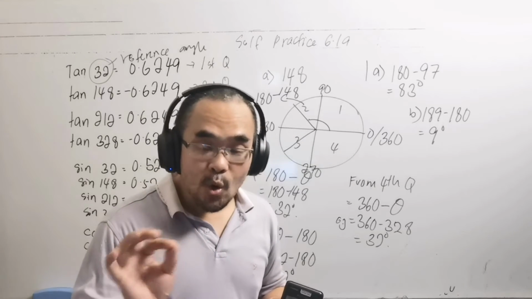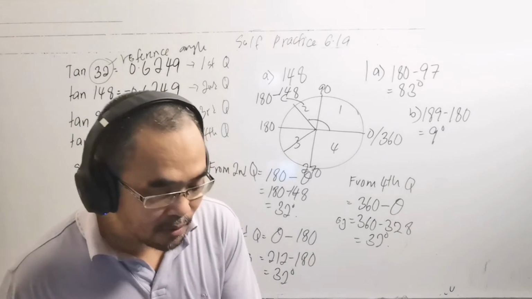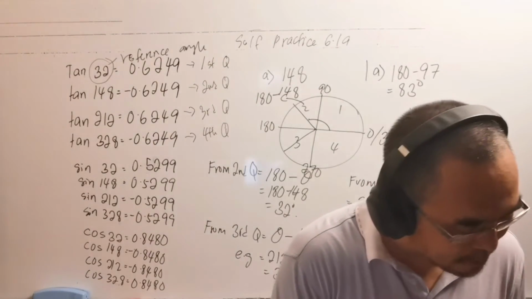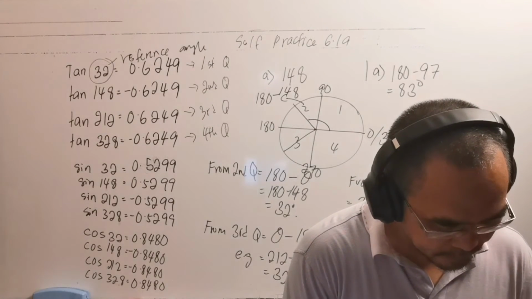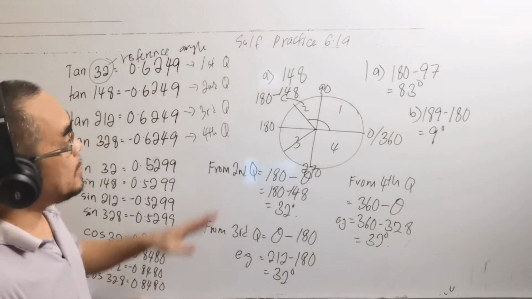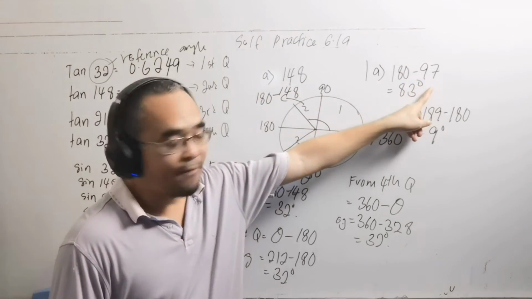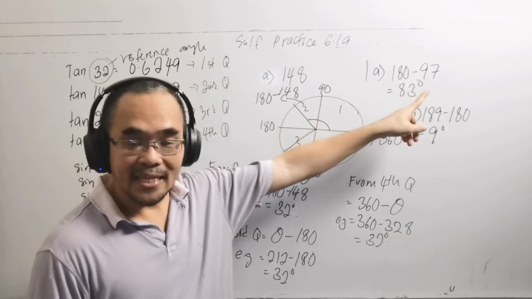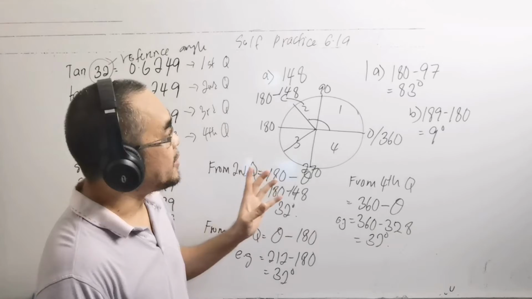Right now we are not concerned with whether it is positive or negative, but we want to know the relation between the angles. So in order to come back from 97 to the angle in the first quadrant, it is 180 minus 97, because we know 97 degrees is located in the second quadrant.